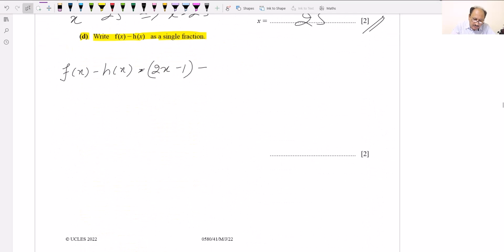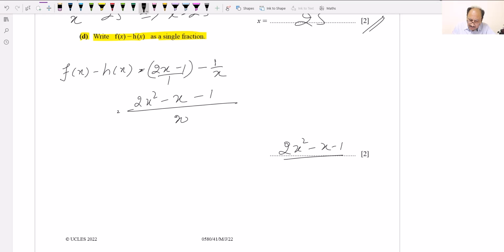To write this as a single fraction, we can take the LCM, so x, and this will be over 1. So it will be multiplied, giving 2x squared minus x minus 1, and this will be over x. This is the single fraction which we have written, and this is for 2 marks.